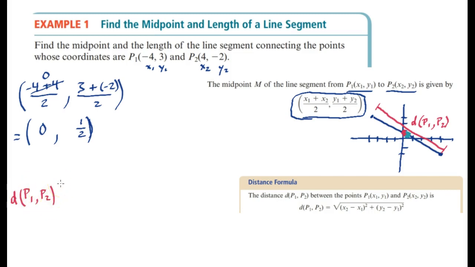Now you may be somewhat familiar with this formula here, and I'm sure a lot of you have heard of this name. Maybe some of you have not, but it's known as the Pythagorean theorem. I'll write it down.